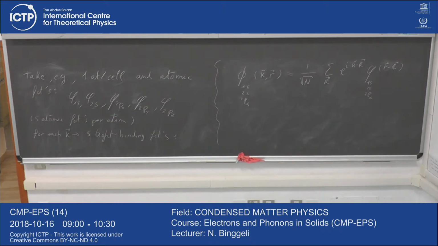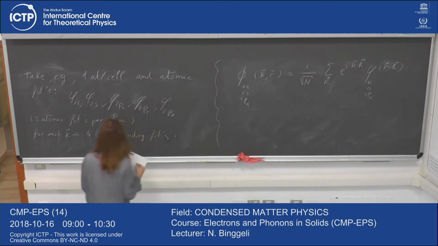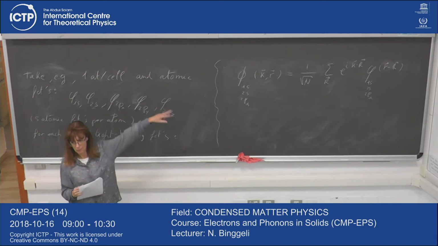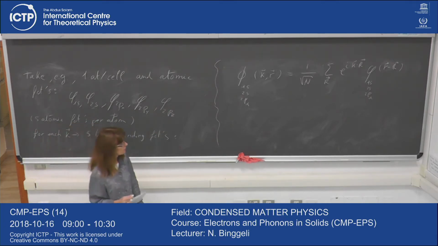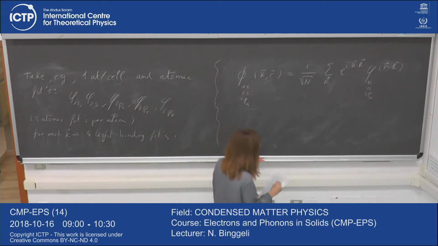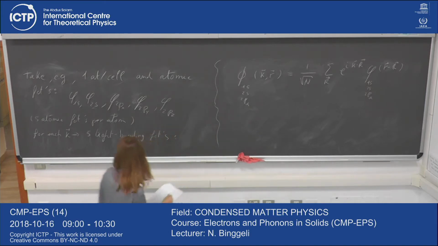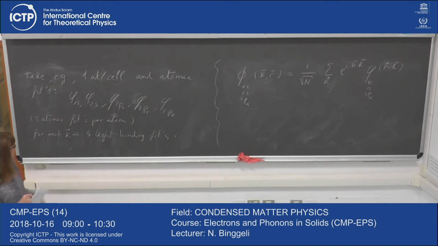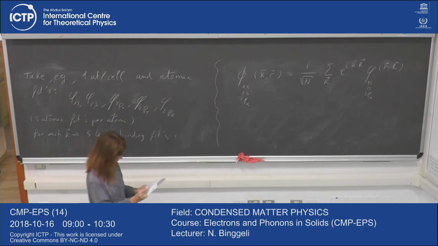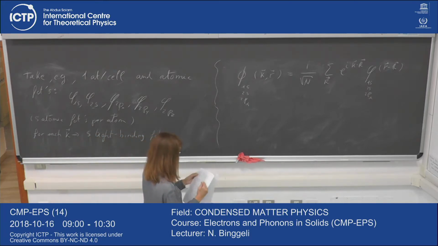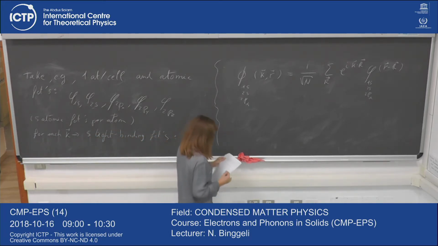So I needed to do this in order to have the correct form for my crystal state that I will then expand on this tight binding Bloch basis. All right, so for each k, I have in this specific example 5 tight binding functions in the Bloch form.